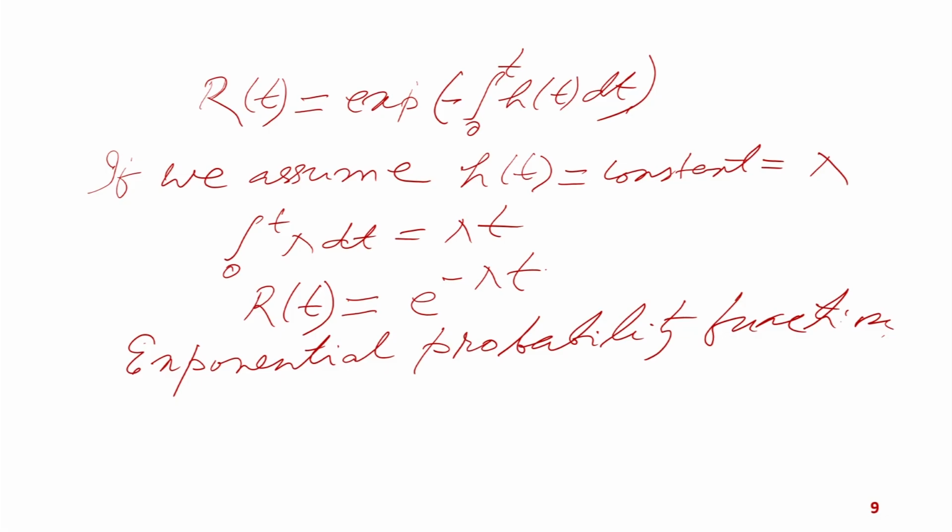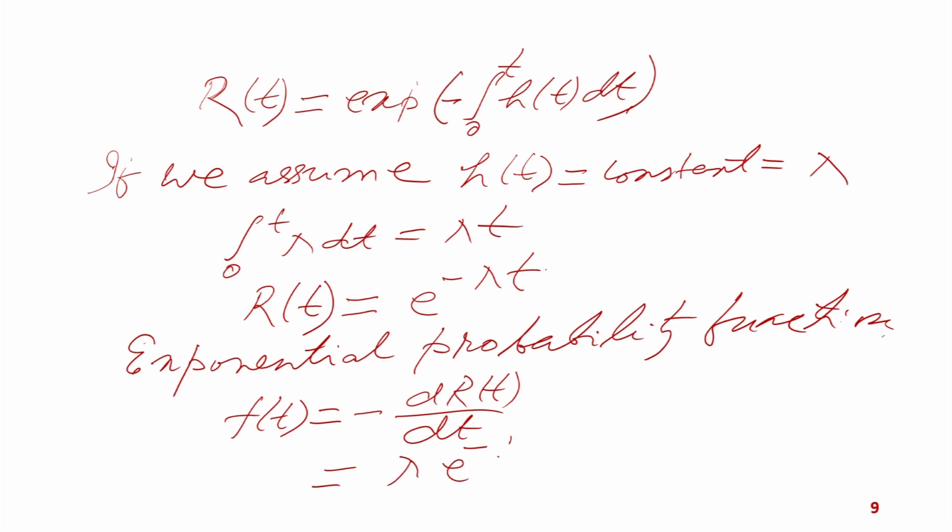If I want to find the failure density function f(t), I will differentiate dR/dt, which will give me lambda e to the power minus lambda t. This is called the exponential probability density function, exponential PDF.